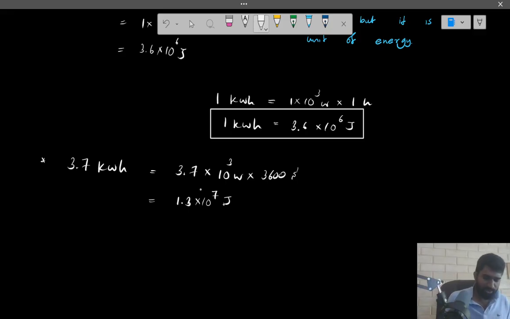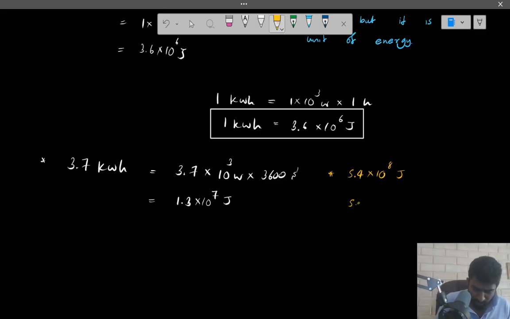Or sometimes you get questions that you have to convert joules into kilowatt hours. As an example, let's say 5.4 times 10 to the power 8 joules. Now you want to convert this one into kilowatt hours, right? So in that case, you can do it this way, right?